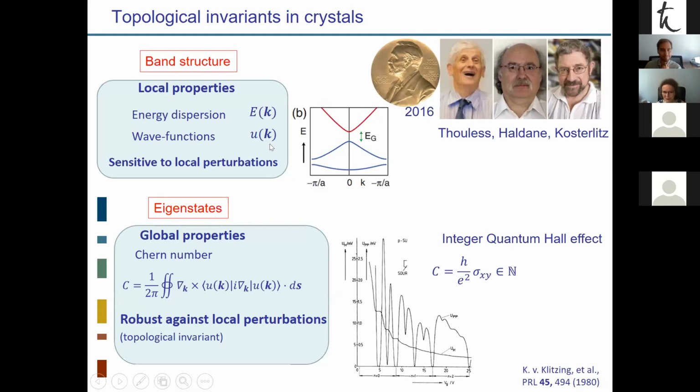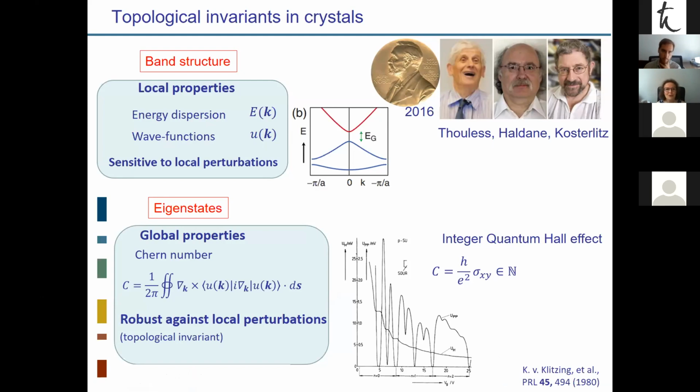I'm going to go very quickly through it. As you know, when you have a crystal, you have a hybridization of the eigenfunctions, and you form bands for your eigenstates. These bands and the shape of your eigenstates are sensitive to local perturbations like disorder.